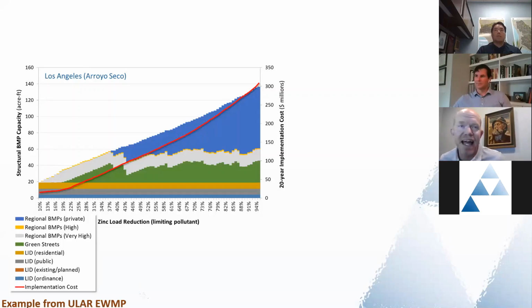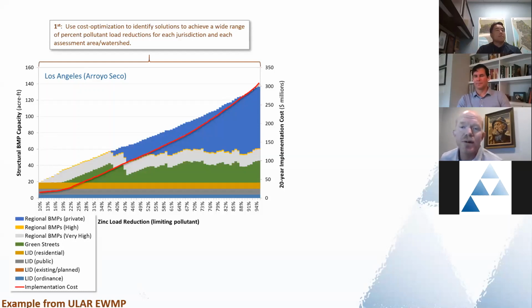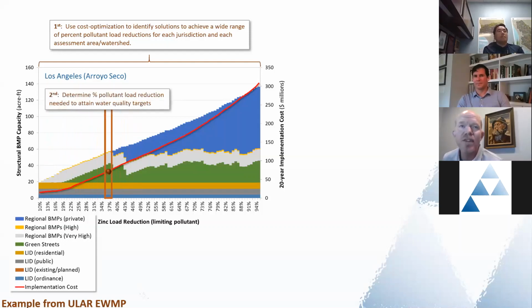That's the x-axis on this curve. This is a range of strategies that would achieve from a 10% reduction to a 94% reduction. From the original workflow, we use the cost optimization in the RAAs to identify a range of solutions, and somewhere on that curve is the target reduction that the watershed needs.